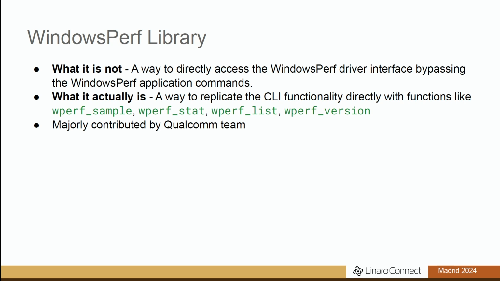There's no special access. You're bound to the same commands that we have in the command line, and it was majorly contributed by Qualcomm. They had the requirements on their team to do it. So I just gave some examples here: functions like wperf sample, wperf stat, list, and version. So there's no low-level access. There's nothing that you can do with the WindowsPerf library that you can't do with the application.